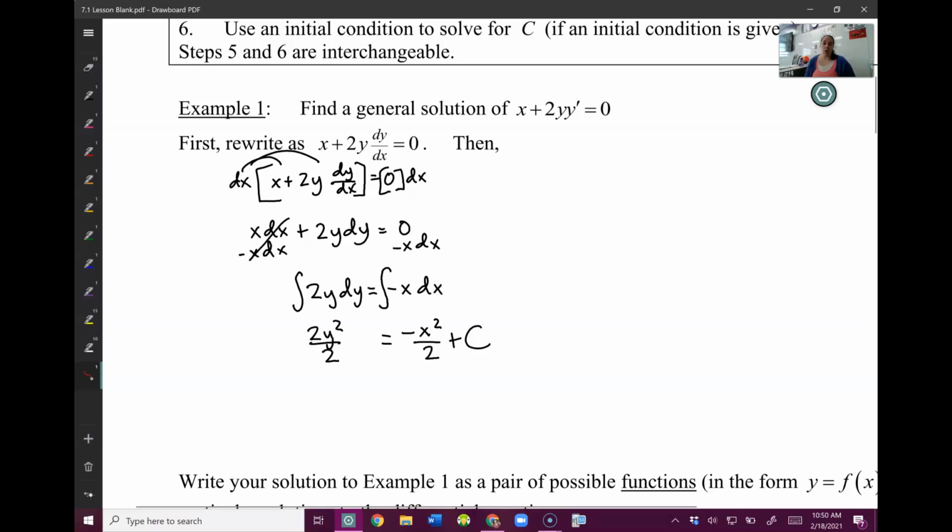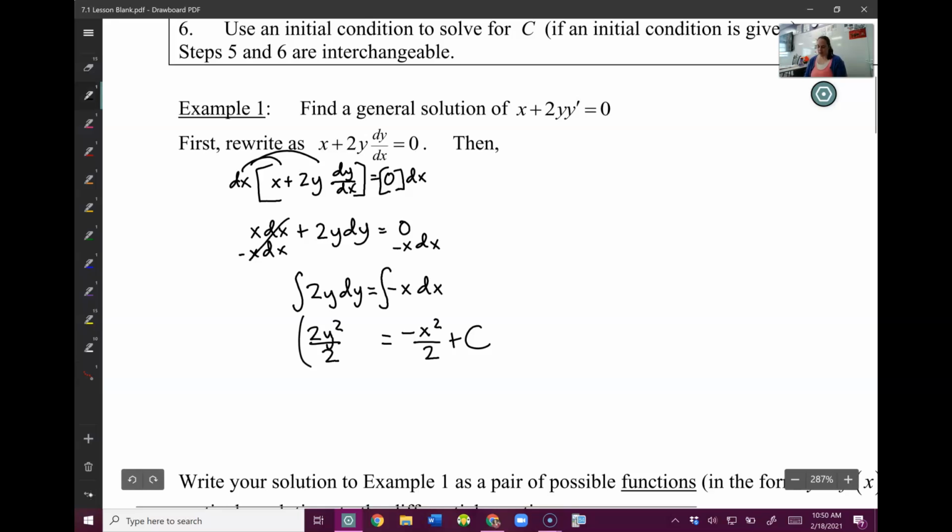And you can totally do that on the AP test as well. You don't need separate c's for each of them because c is just a number. And I could say c is one number as well as I could say c is two numbers. So we're just going to do one c for one constant of integration instead of one for both, because then that makes everything more complicated.